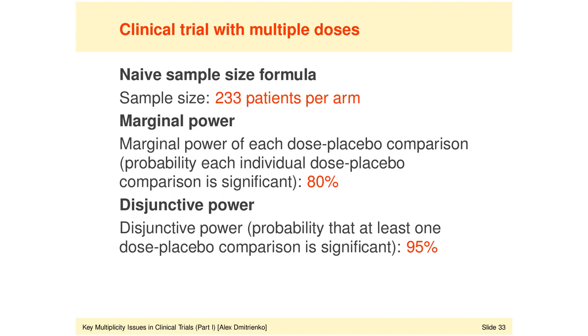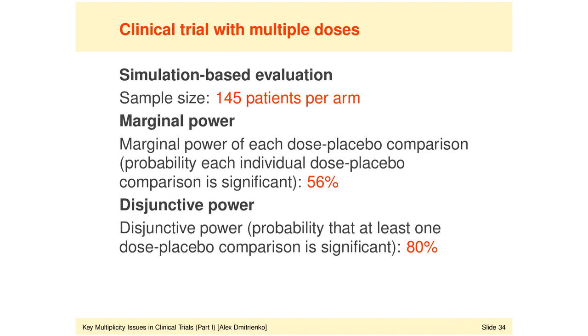This marginal power is going to be exactly 80%. And disjunctive power, which is commonly used in clinical trials with multiple objectives, is defined in the context of this particular clinical trial example as the probability that at least one dose-placebo comparison is significant. This disjunctive power is going to be equal to 95%.